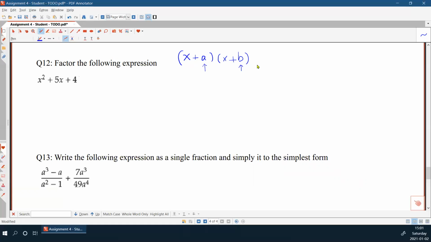If we expand this expression, this gives us x squared plus (a plus b)x plus ab, right? If we can find two numbers whose multiplication equals 4 and whose sum equals 5, then this expression can be factored in this way. So how do we find these two numbers?